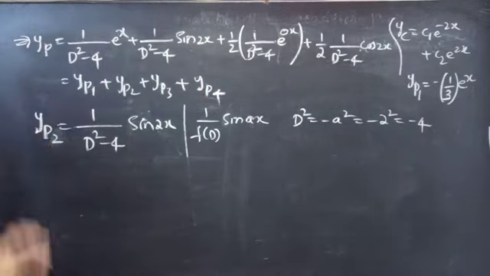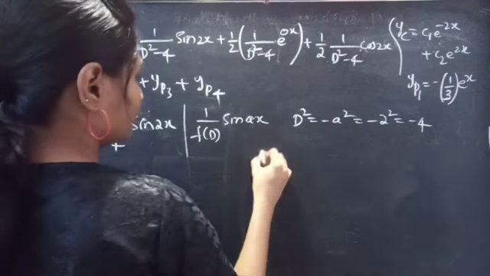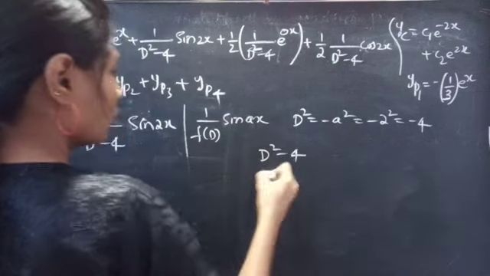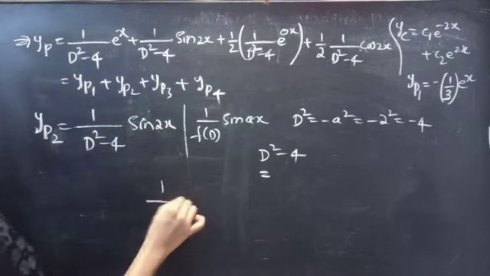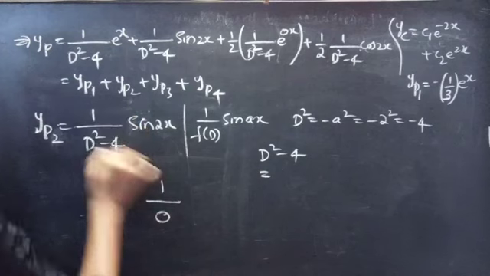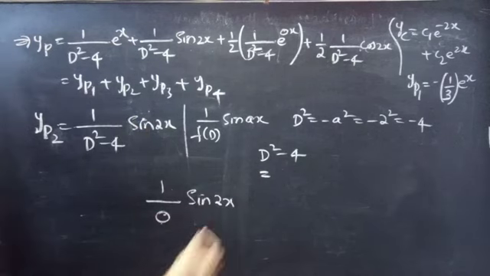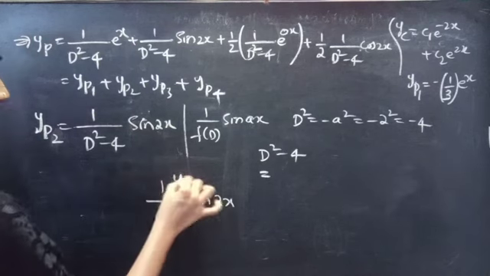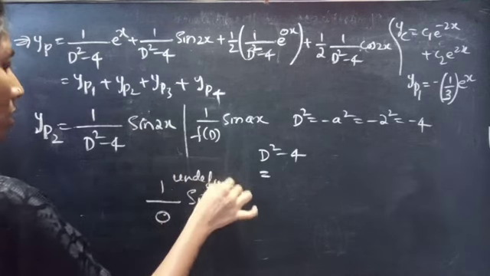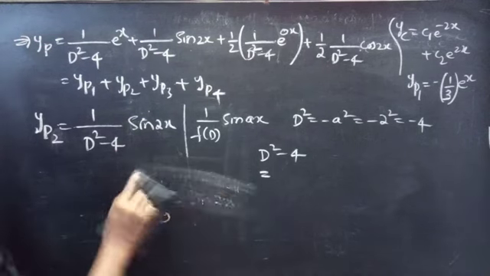Now let's see what happens if we replace D square by minus 4 in the denominator. We should always remember that the denominator must be non-zero. If the denominator becomes 0, the total term becomes 1 by 0 into sin 2x. We know that 1 by 0 is undefined, so the total term becomes undefined. So the denominator must be non-zero.